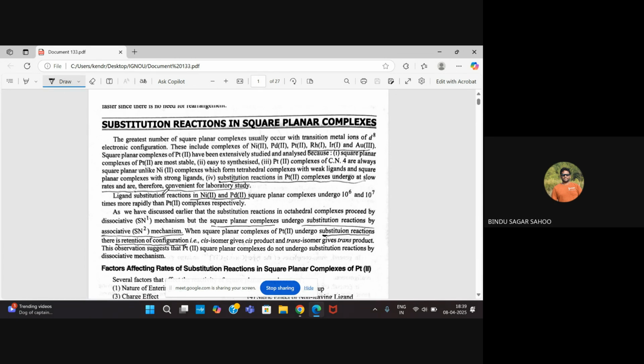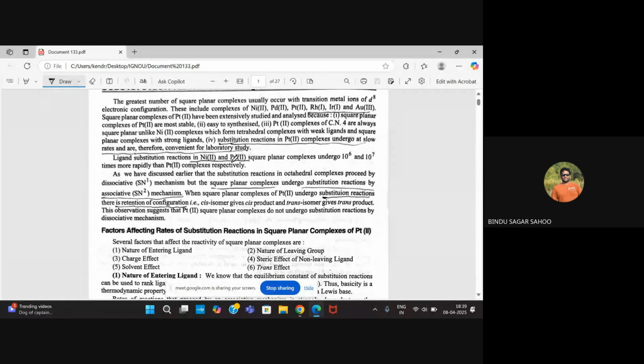In other metal complexes, particularly nickel 2+ and palladium 2+, the square planar complexes undergo reactions 10 to the power 6, 10 to the power 7 times more rapidly than platinum. So it is very difficult to analyze the reactions of nickel 2+ and palladium 2+ compared to platinum 2+.